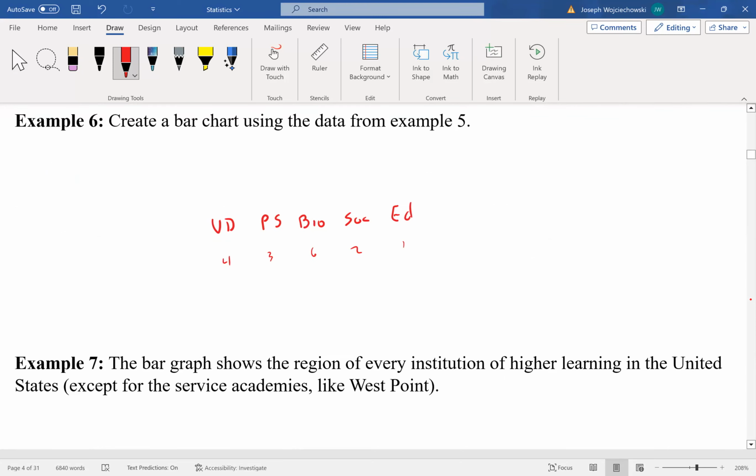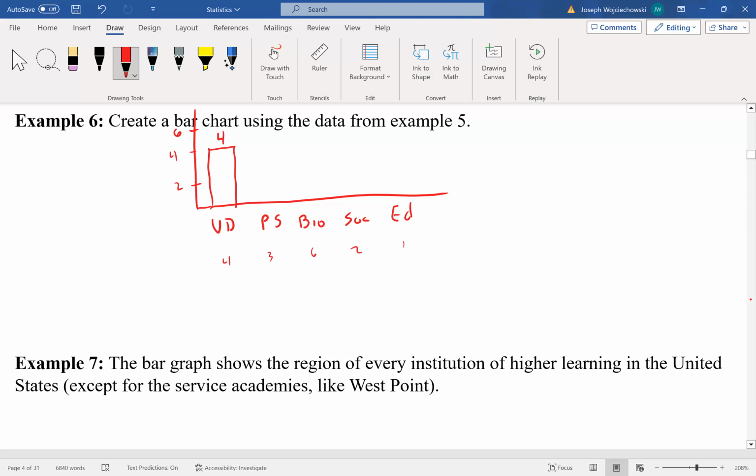So across the bottom are our categories. Over here, I'm going to go 2, 4, and 6. We had 4 here, so I just create a rectangle. We had 3 here. Nope, it goes to 4.